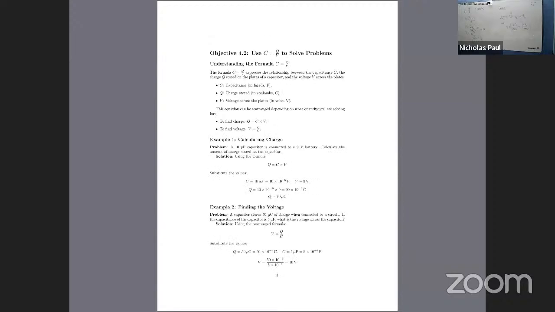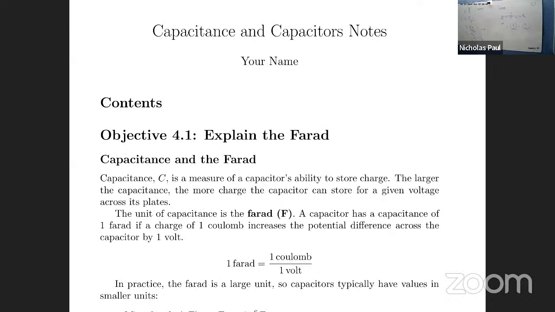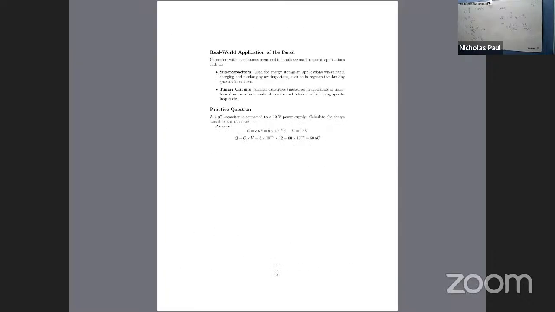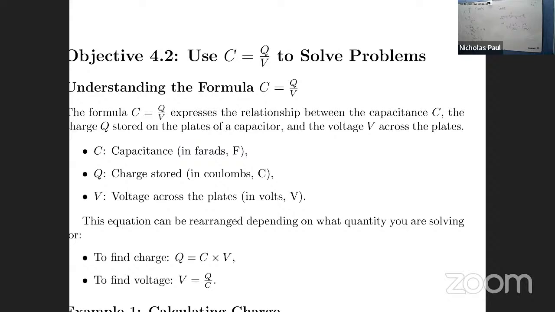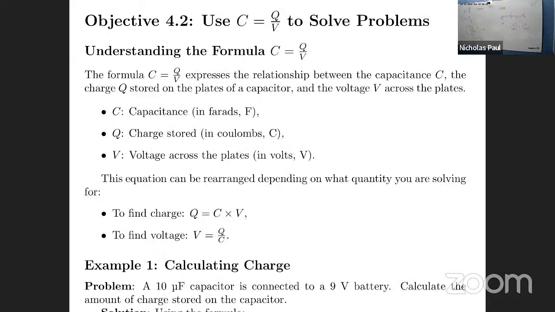That is basically a full subject on the farad, and it gives you a small idea of the applications. The next thing we have to learn is to use Q, C and V to solve problems. If we know what Q is, and we know what C and V are, everybody okay with those quantities?